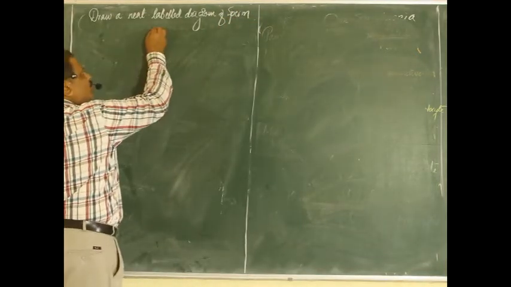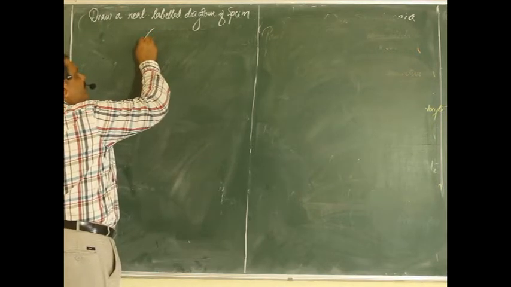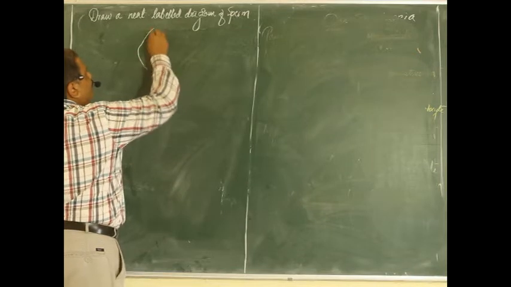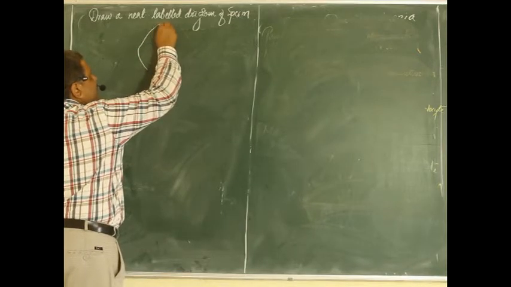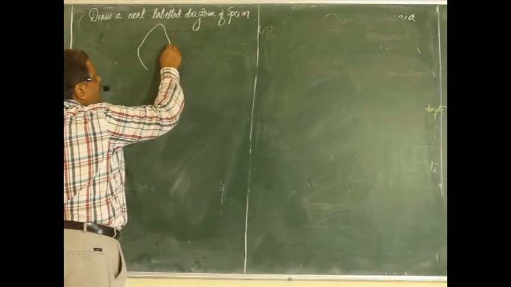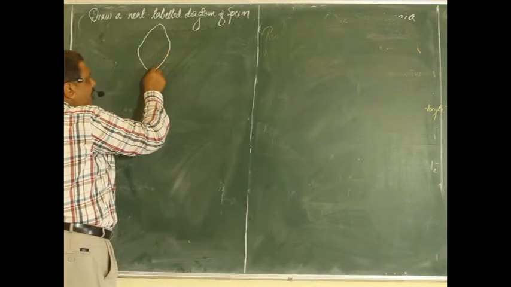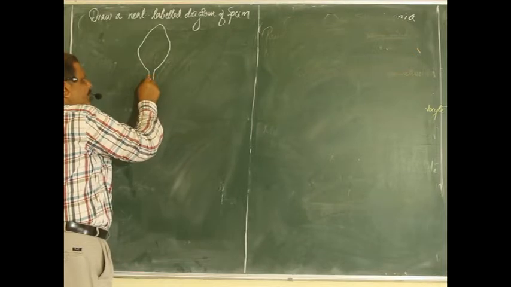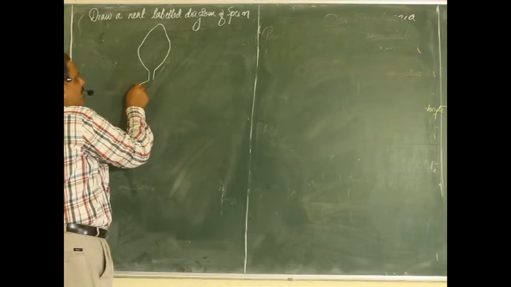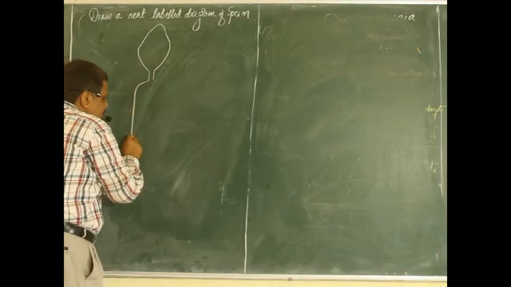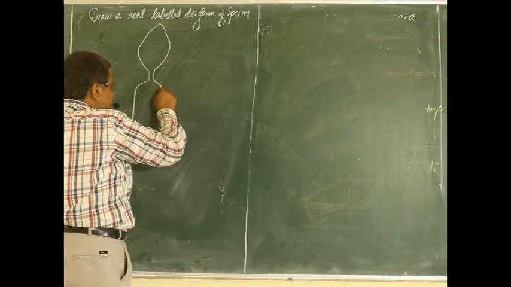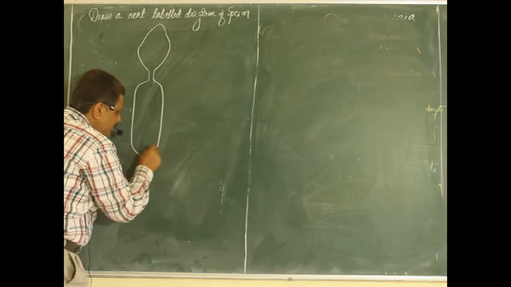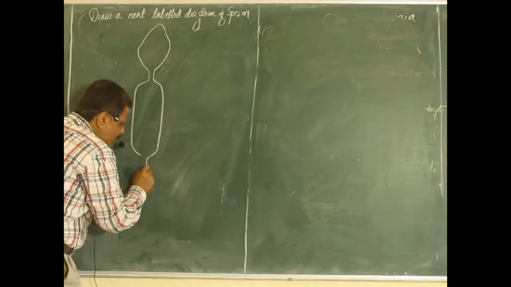So, you should draw the diagram first. You know, the sperm is externally covered by plasma membrane and it has a prominent head and a neck portion, and the sperm possesses the middle piece and it possesses the tail portion.